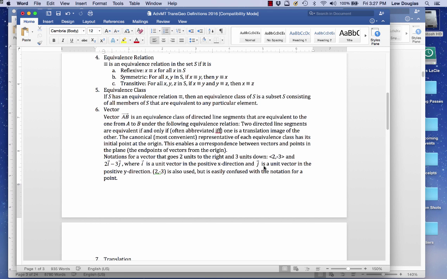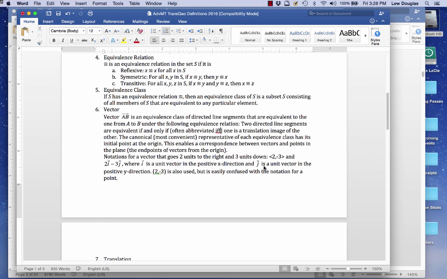Two directed line segments are equivalent if and only if one is a translation image of the other. So you sort of need to define translation before you define vector, I suppose. So we'll talk about that in class. I may modify this. You know, this is my first try at it, so think of it that way.